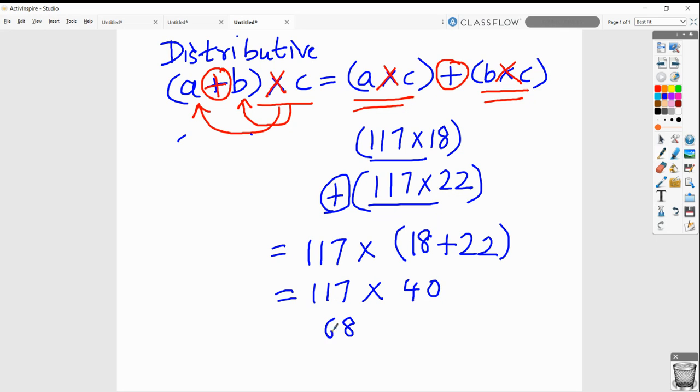That will give you 468 and put a 0 on the outside. See, it made your life so easy. Imagine multiplying this one and then multiplying this one and adding it. That would have made your life very difficult. So distributive property makes your life easier, right?